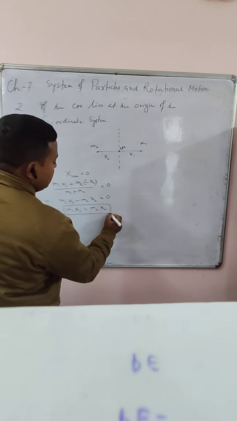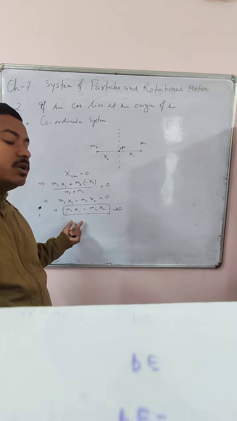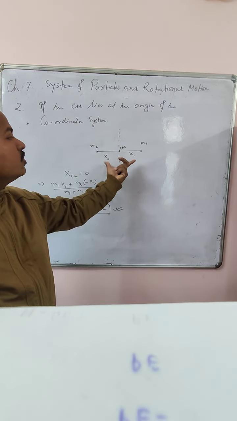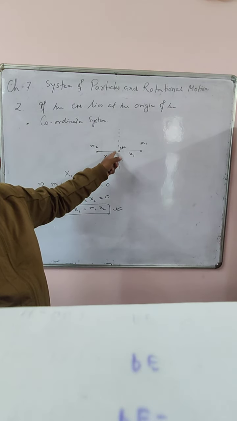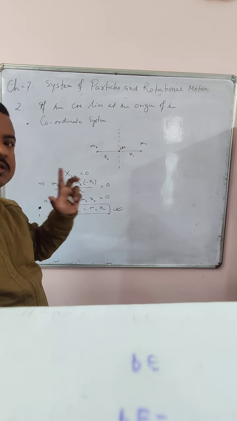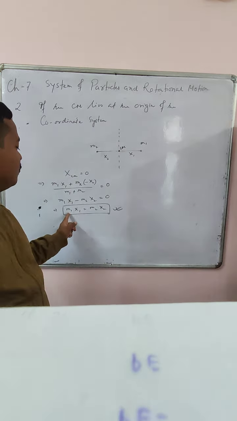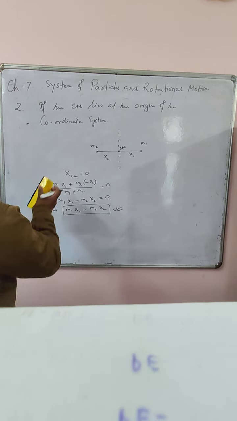This relation we will use in finding the position of center of mass of a two particle system. So whenever in questions it is asked to find the location of center of mass for a two particle system, always use this relation. We'll see the numericals, it will be clear. Remember this.